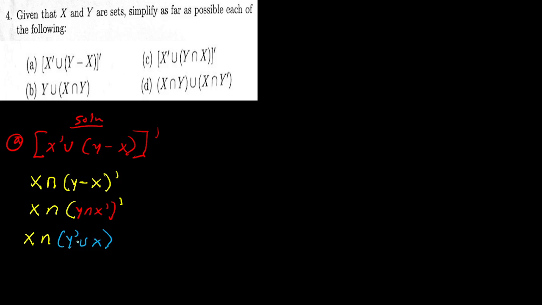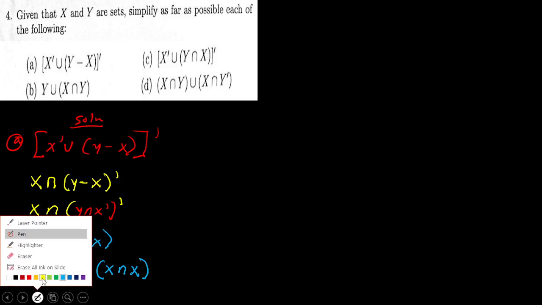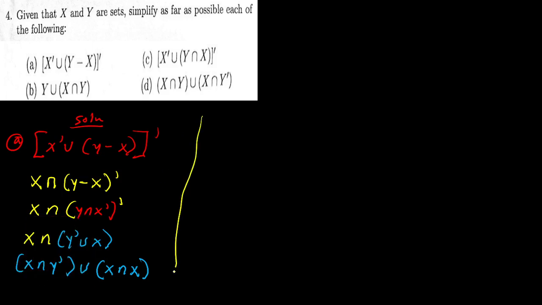So from here I can now use the distributive law. So when I use the distributive law, x will be intersected with y complement, and then this union will be in between, and then I'm going to have x intersection x. So from here I can easily work out this part.